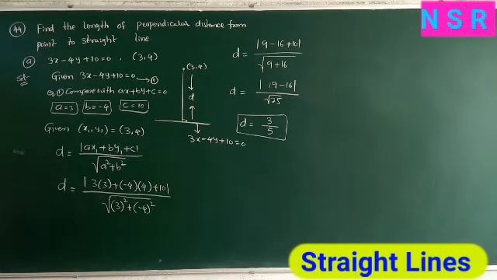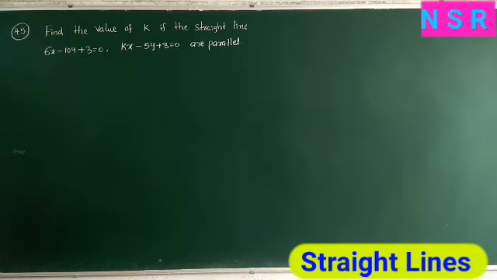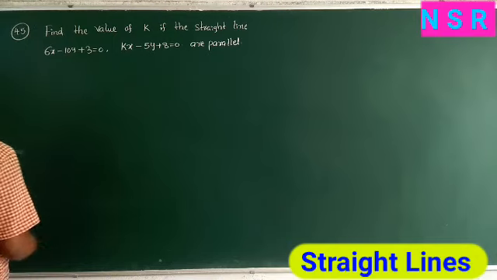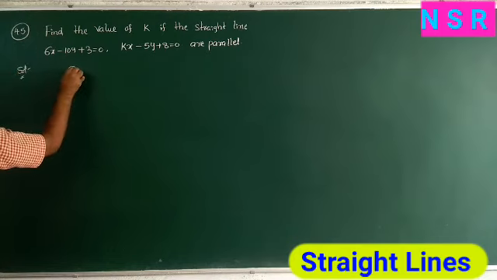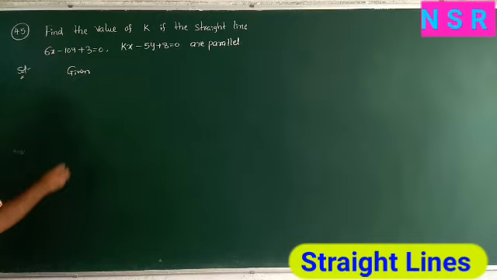So next question number 45. Find the value of k if the straight lines 6x - 10y + 3 = 0 and kx - 5y + 8 = 0 are parallel. So here given two lines, and these two lines are parallel, then find the value of k.